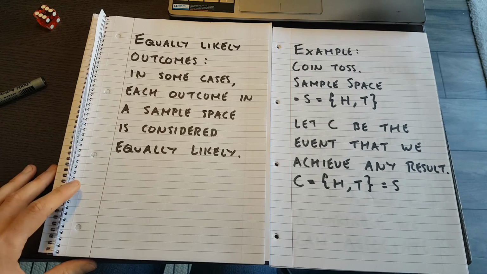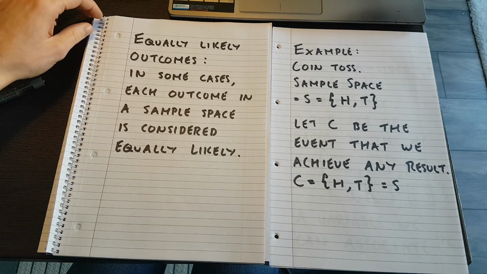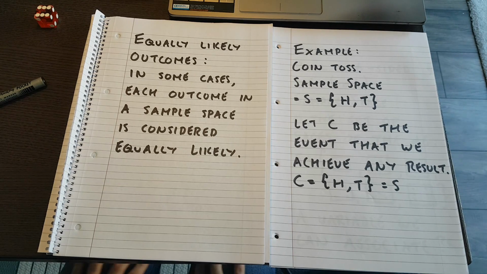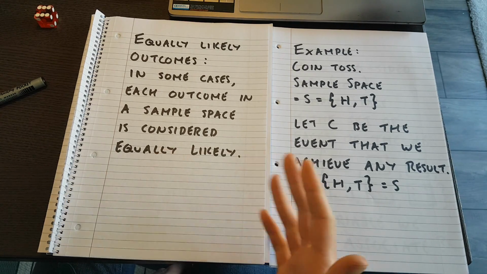I'd also like to mention here that there is a kind of bias you can have in your thinking where you automatically assume that outcomes are equally likely. I think a really good example of this is when babies are born, and the doctor cuts the umbilical cord, that heals in a particular way, so their navel will either end up as an innie or an outie.